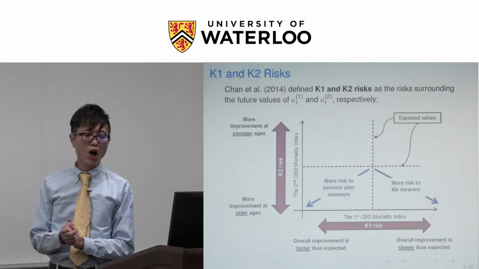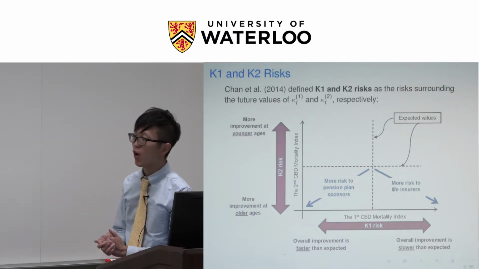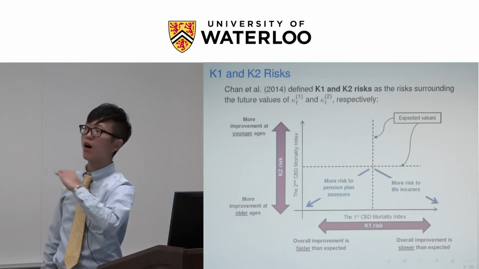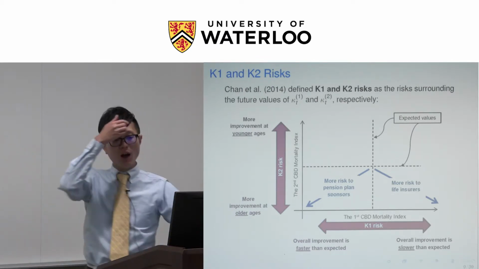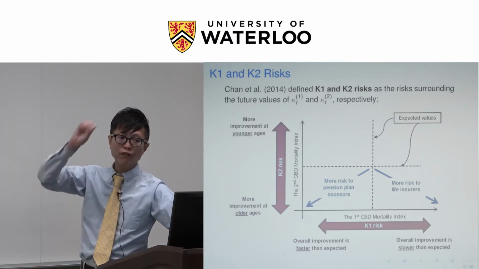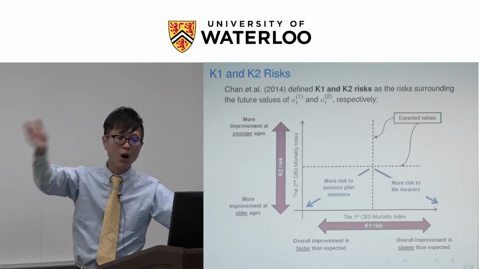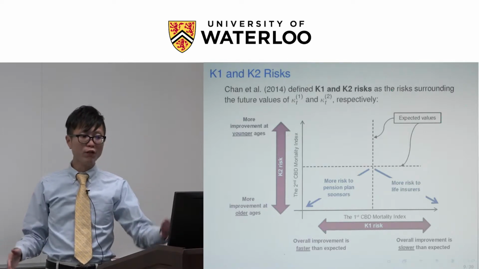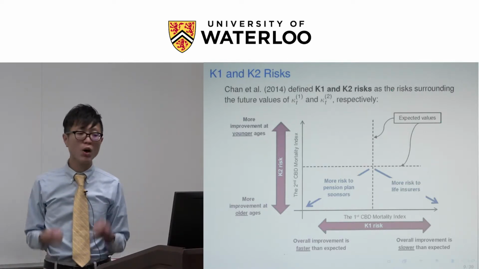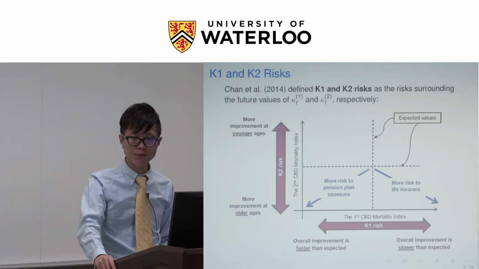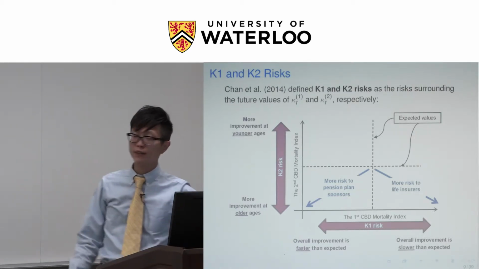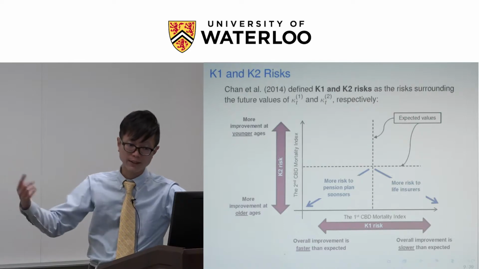Let's focus on the variation of the first index along the horizontal dimension. If the first CBD index is lower than expected, that means overall mortality improvement is faster than expected. And the opposite is true if the index turns out to be higher than expected.